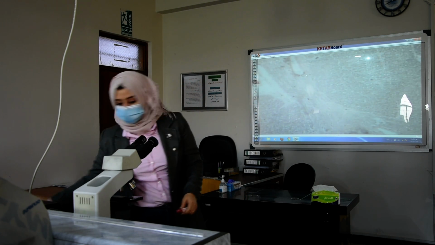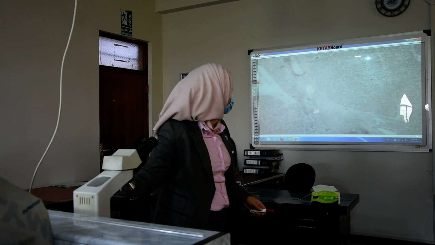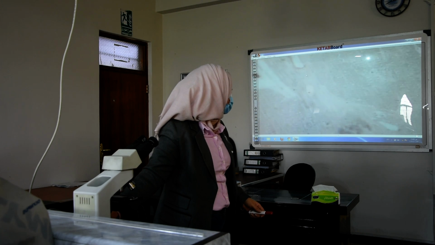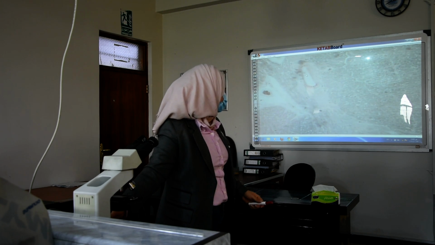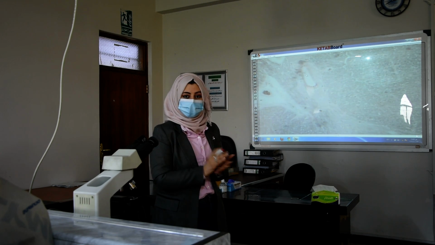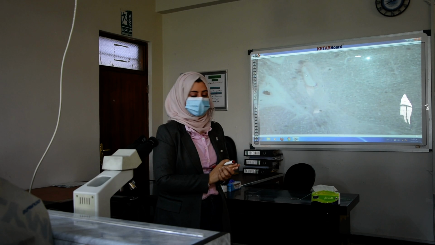At the center, we can find a central canal. Previously we said that the central canal is surrounded by ependymal cells, neuroepithelial cells.